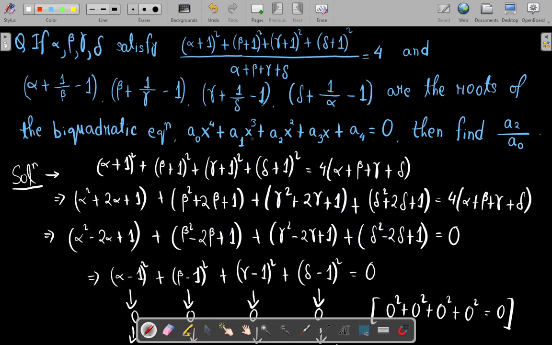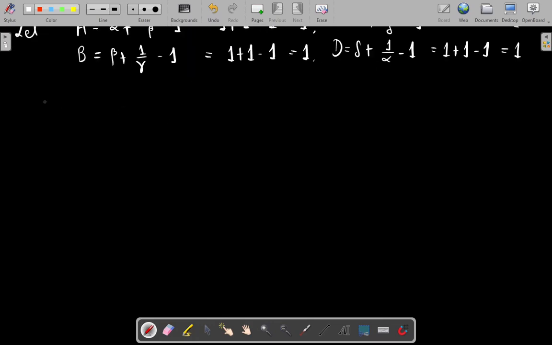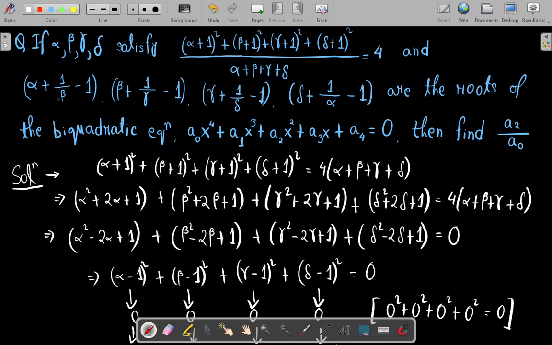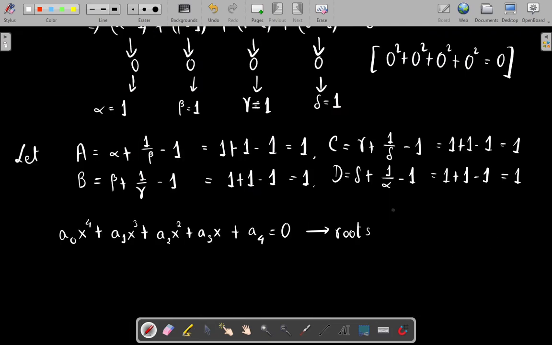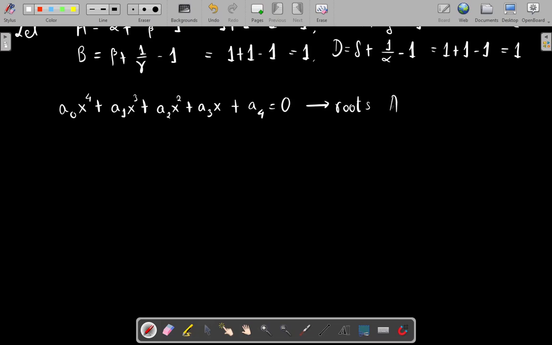Okay. So the biquadratic equation that is given, a₀x⁴ + a₁x³ + a₂x² + a₃x + a₄ = 0, has roots A, B, C and D, which are all 1, 1, 1, 1. These are the four roots. All the roots are identical according to the given conditions.